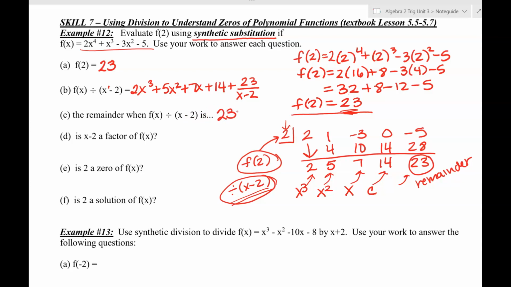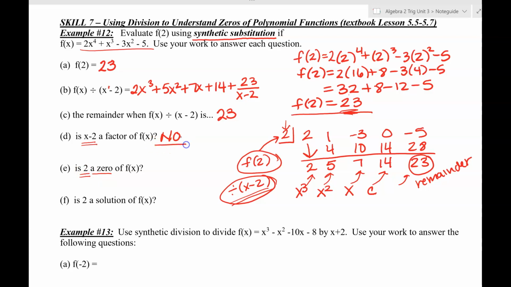Then these questions: is x minus 2 a factor of f of x? In order to be a factor of something, when we divided by it, it would have no remainder. This division had a remainder, which means x minus 2 is not a factor of f of x. Then it asks, is 2 a 0 of f of x? Remember, a 0 comes from a factor. If x minus 2 was a factor, then yes, 2 would be a 0.